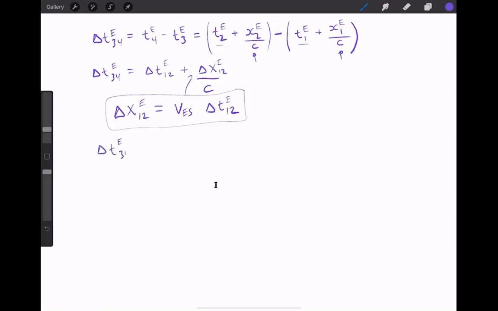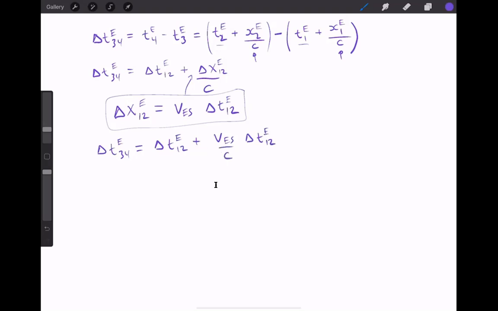So now that I have that, I can stick that back over here, and I would have that this interval is equal to the same that I had before. And now I have to add my velocity, or speed, sorry, times the time interval on Earth between 1 and 2, and then divide this by c.